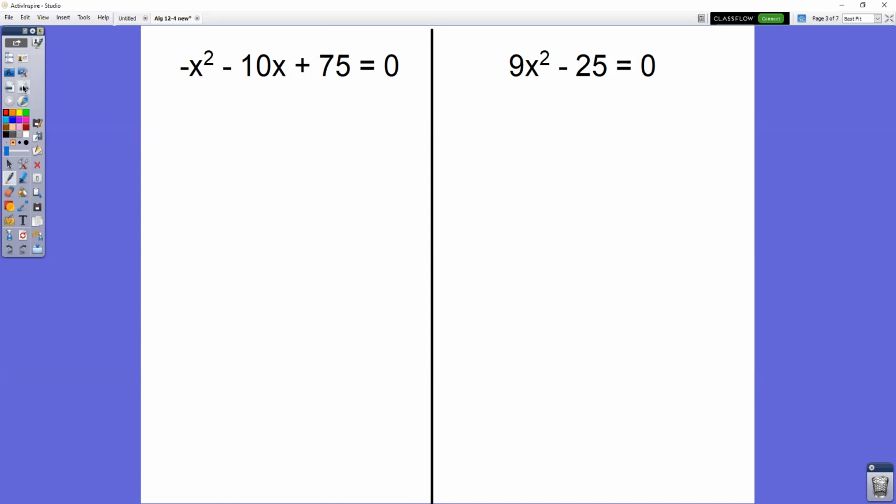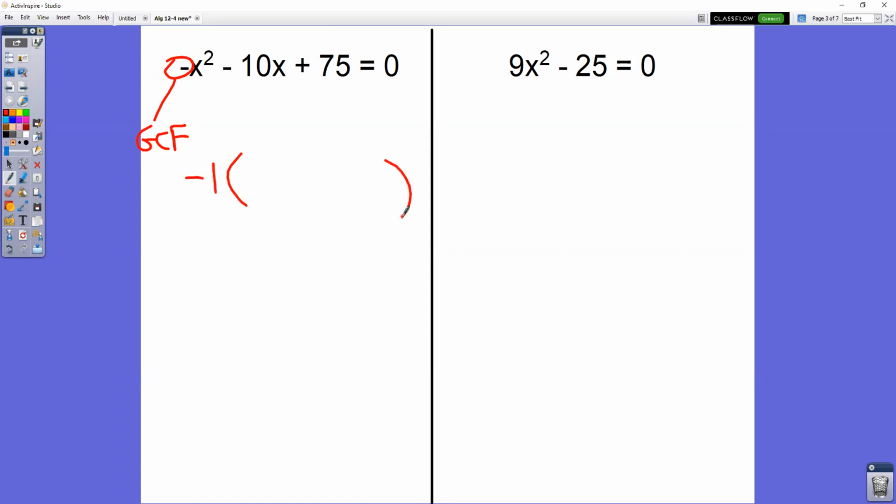Anytime that you have that negative sign out in front, that is a good indication that we need to factor out the greatest common factor first. When we go to do reverse FOIL, we never want it to be a negative x squared. So what goes into -1, -10, and 75? What we're going to have to factor out here is a -1.